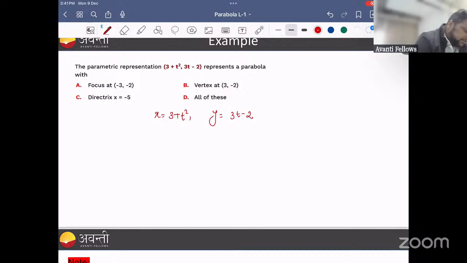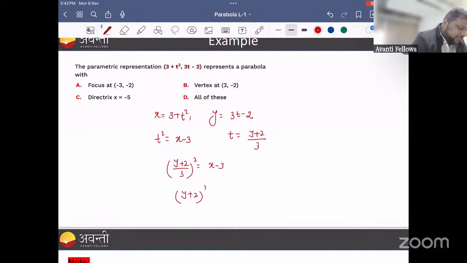Am I correct? So t is (y plus 2) upon 3, and t square is x minus 3. So ((y plus 2) by 3) whole square equals x minus 3. So (y plus 2) whole square is 9 times (x minus 3).